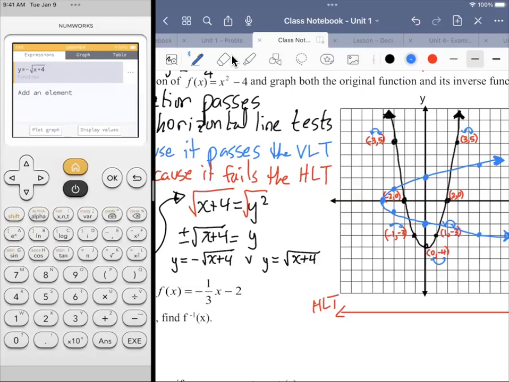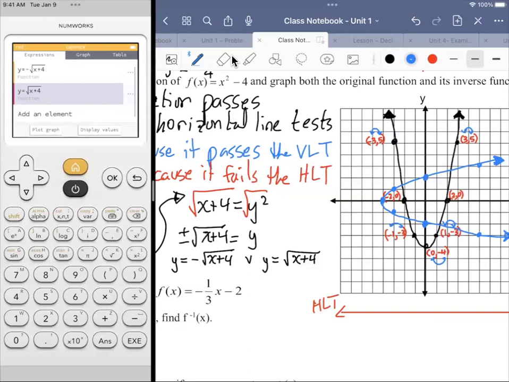And then just do the same thing again, but with a positive radical. So alpha 3 to bring up the y, add an element, shift pi to bring up the equals, radical x plus 4. Lock it in.